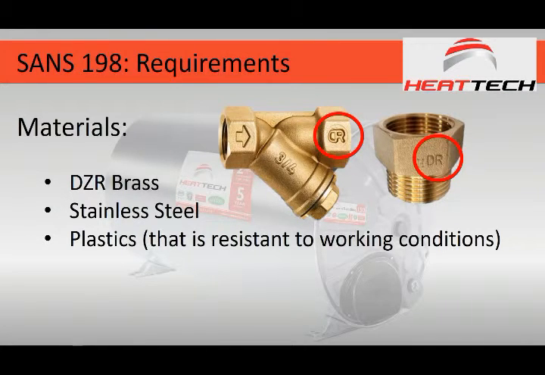It says if it's plastic, and it gives a whole set of tests that needs to be done to verify that the plastic can handle the different temperatures, that the functionality remains intact. Similarly, stainless steel, it will provide you the type of stainless steel that is allowed, that is regarded as good enough for the plumbing systems. And DZR brass. Not only brass, it must be brass that is resistant to dezinctification.